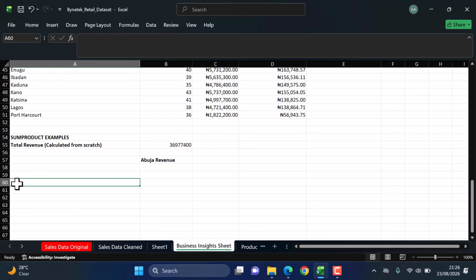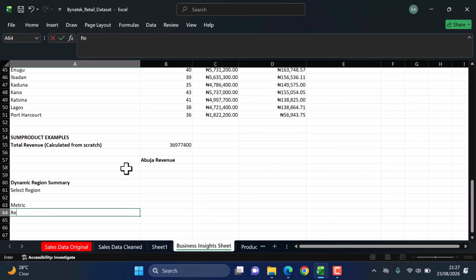Let's say at about here, we should call this dynamic region summary. Then here we type, let's say, select your region. This is what happens if you come unprepared for a class. You have the metric, you have the results, right?